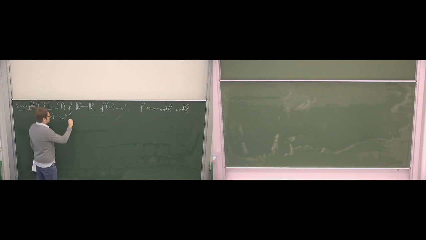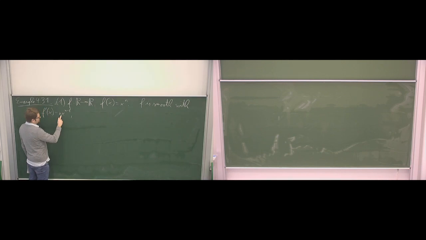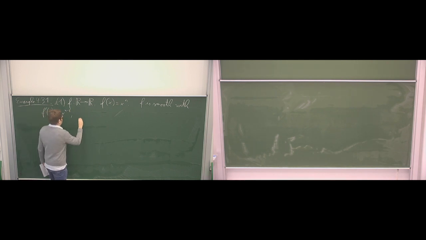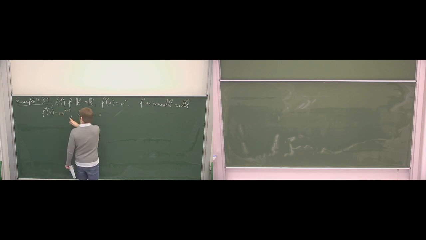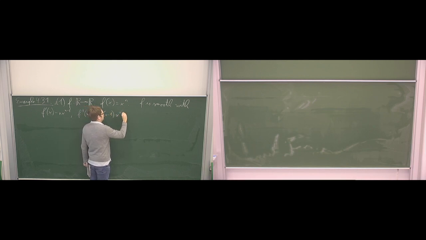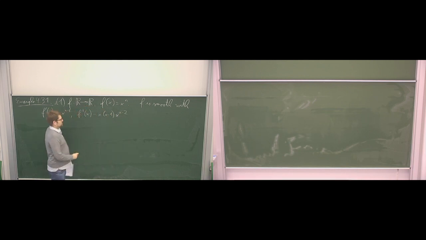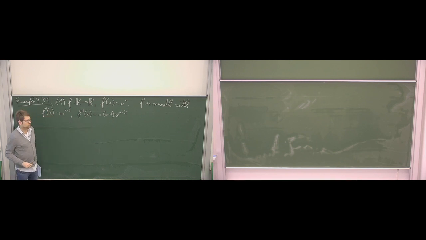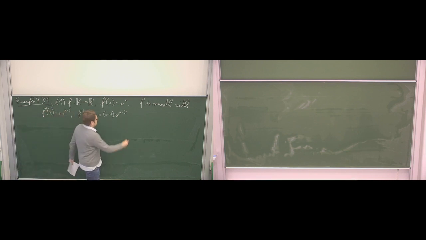So if we form the second derivative, we have to derive this expression here. By our rules for derivatives, constant factors in front don't matter, so they just remain. So we multiply the derivative of this expression with n, which is simply by the same rule as before. The second derivative is then n times n minus 1 times x to the power of n minus 2, and so on, assuming that n is bigger than or equal to 2, otherwise we would have 0 here.